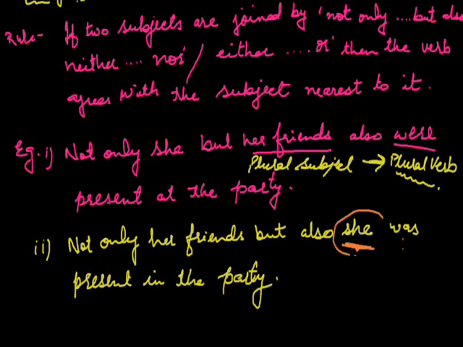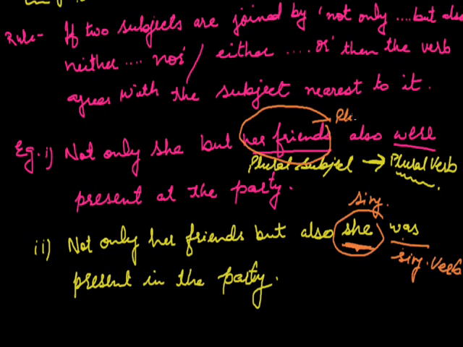She is a singular subject. That's why I will use a singular verb. Earlier we wrote the plural subject near the verb, so we took a plural verb. Now we have written the singular subject there, so we use a singular verb.